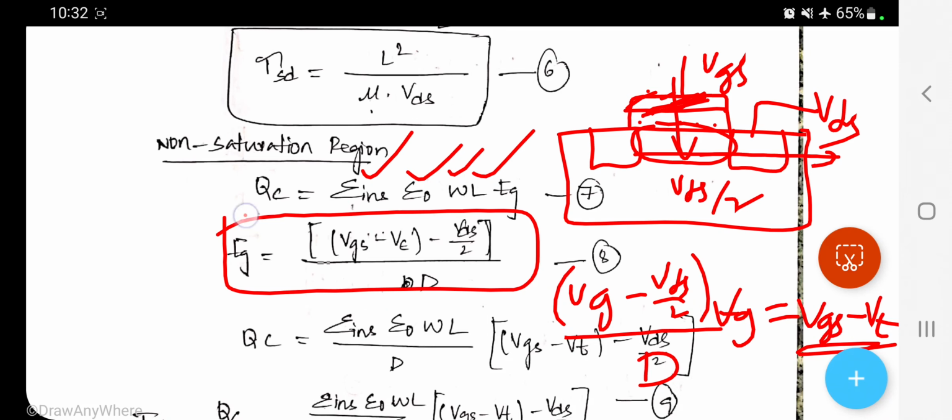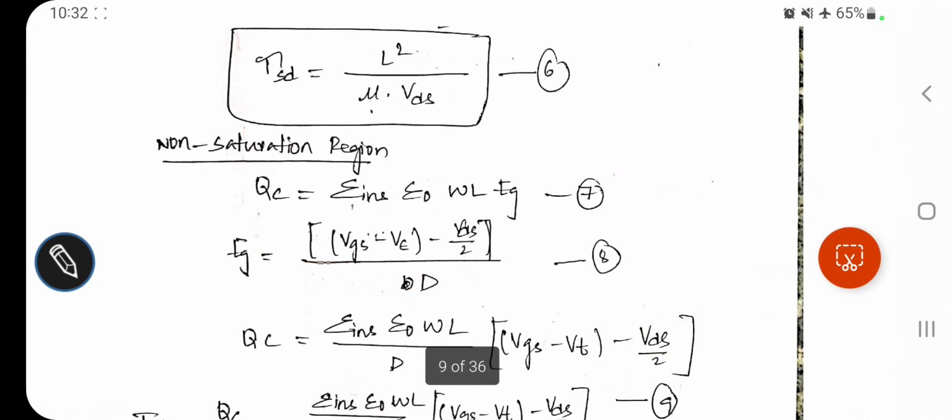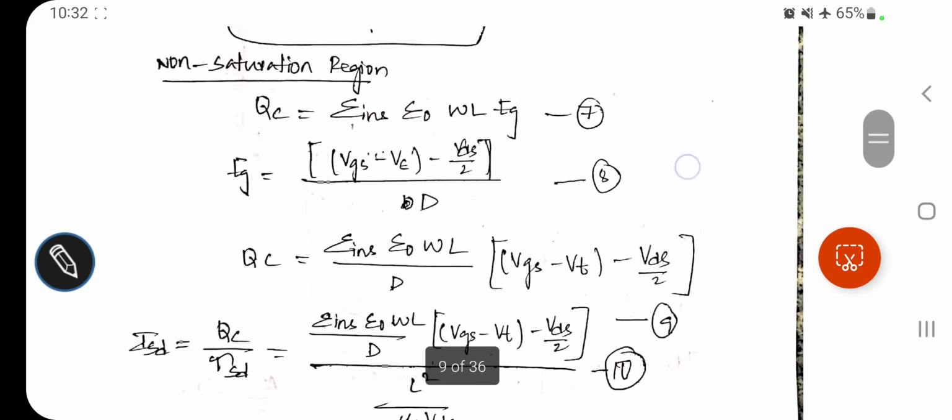So Eg is the effective gate field because of VGS, and VDS also, along the channel length, the average voltage drop VDS by 2. So we have VGS minus VT, that is for VG, minus VDS by 2, whole divided by thickness of oxide. This gives the Eg.